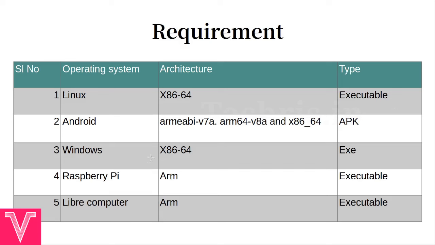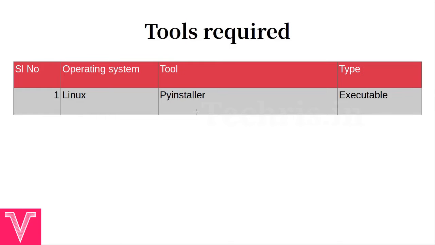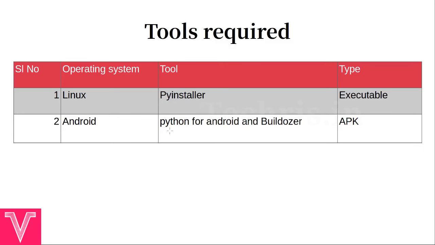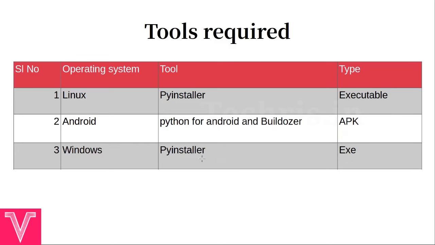Since the requirement is different, you need special tools to package it. Fortunately, the tools are available. In Linux, one of the known tools is Pyinstaller, which will create an executable. In Android, you have Python for Android or Buildozer. They will both produce APK as well as AAB. For Windows, the same Pyinstaller will create exe.